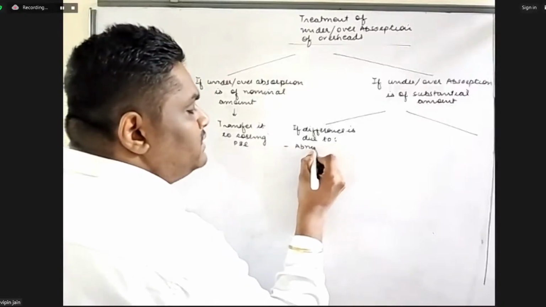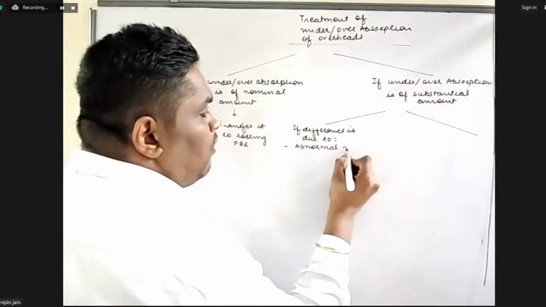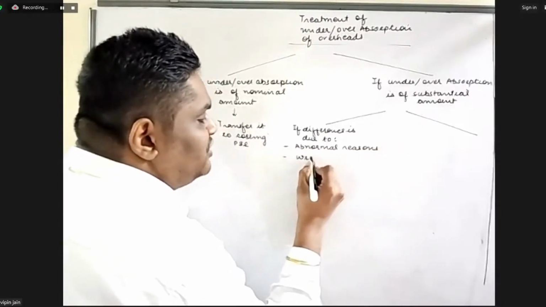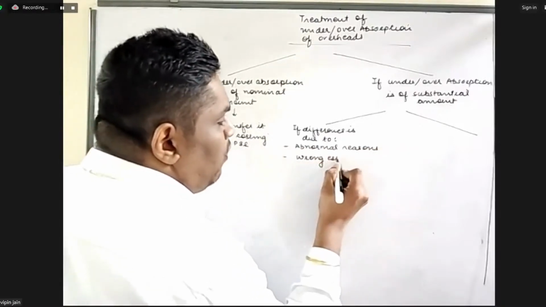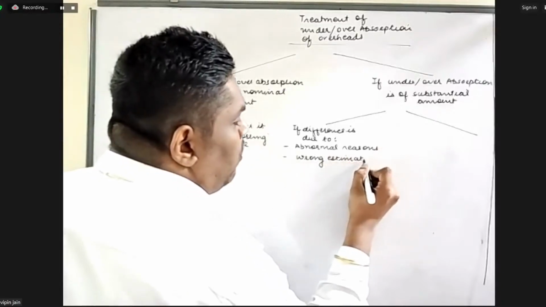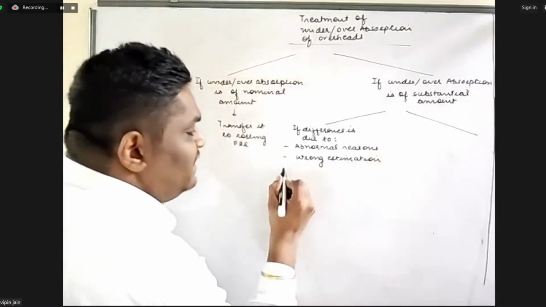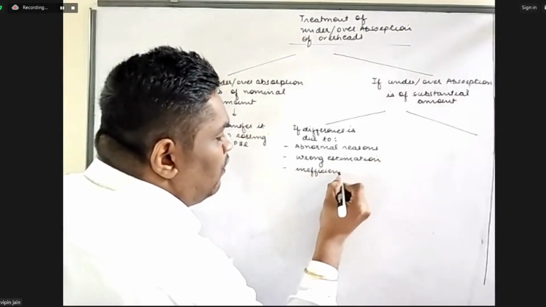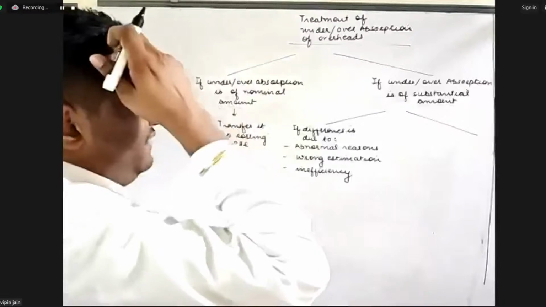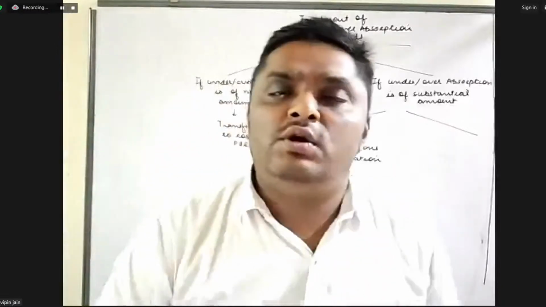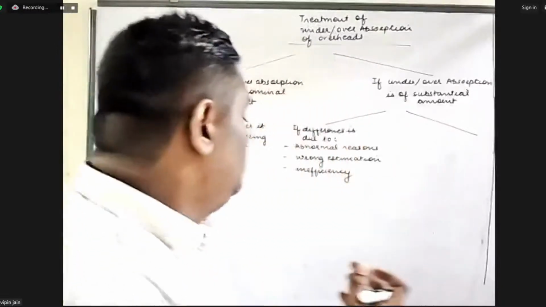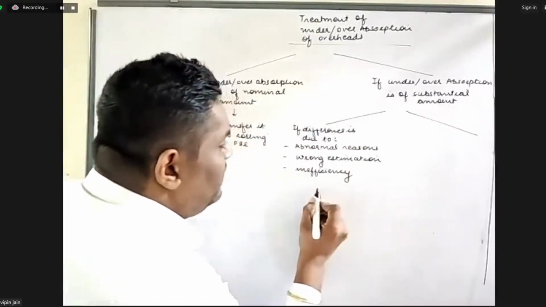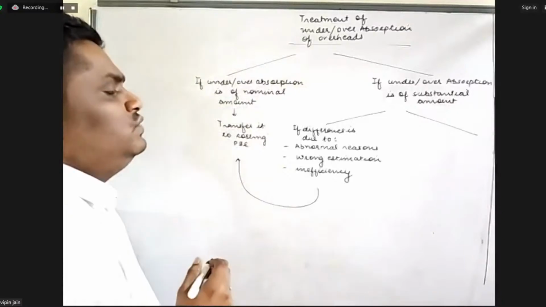If the difference is due to any abnormal reasons, or wrong estimation by the management, or inefficiency, then again transfer the difference to the costing P&L.